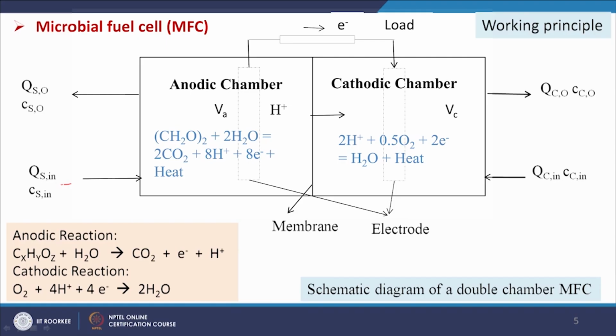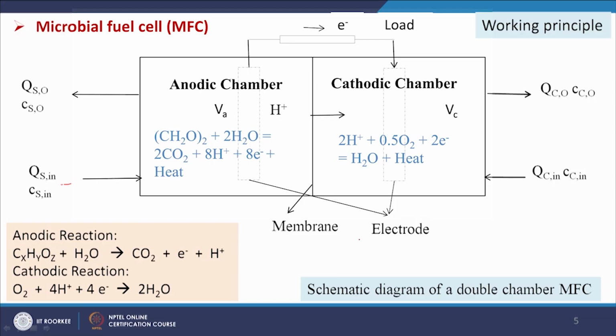Hydrogen ions move from the anodic chamber to the cathodic chamber through the membrane. When they arrive at the cathode, H+, electrons and oxygen have to be provided: 0.5 mole oxygen with 2 H+ and 2 electrons gives us H2O plus heat.